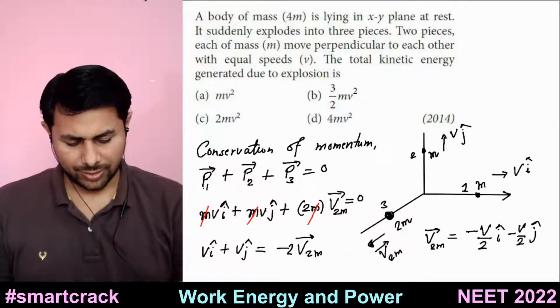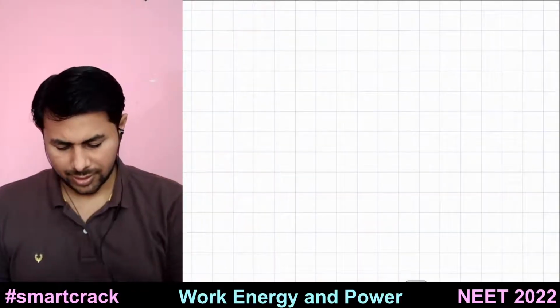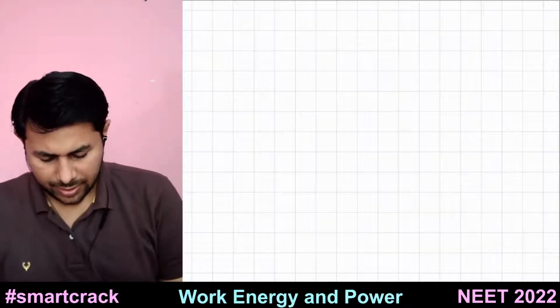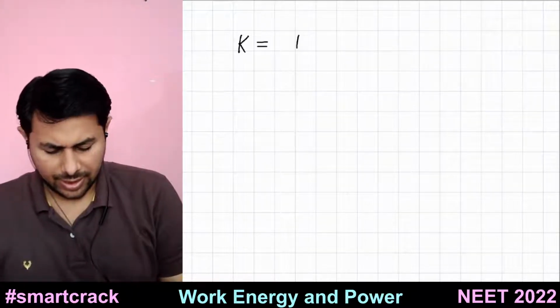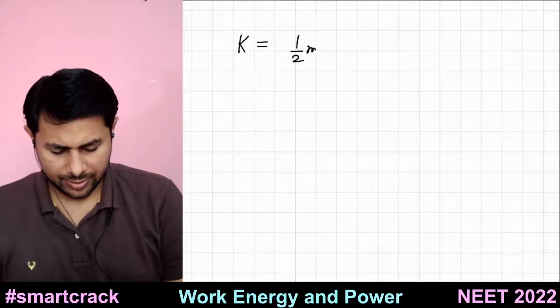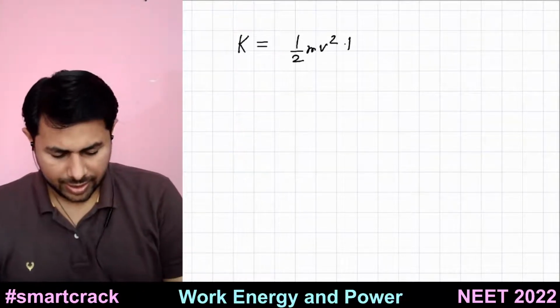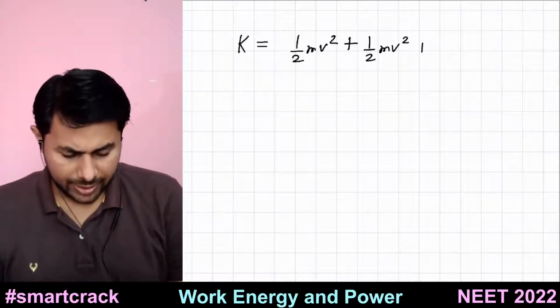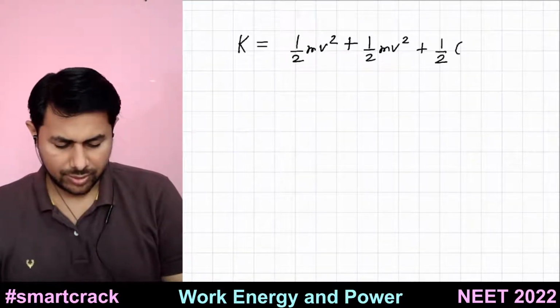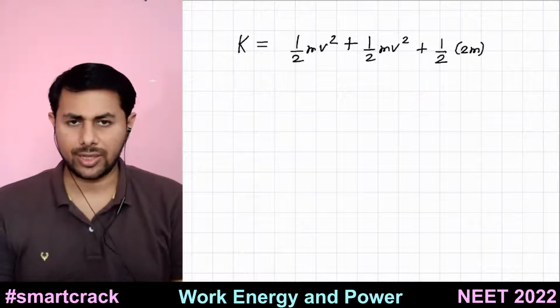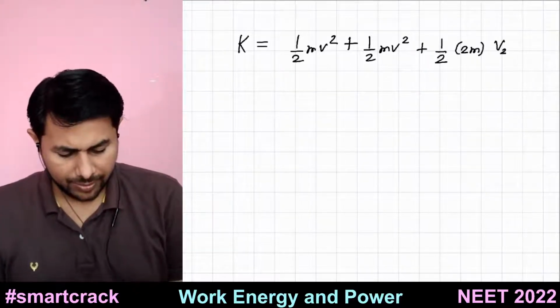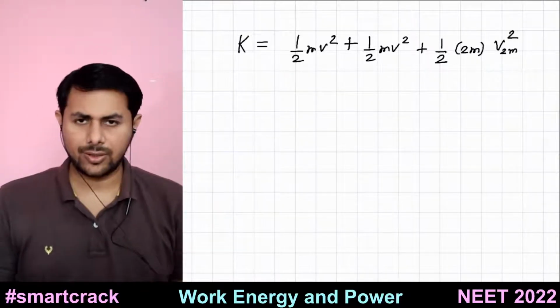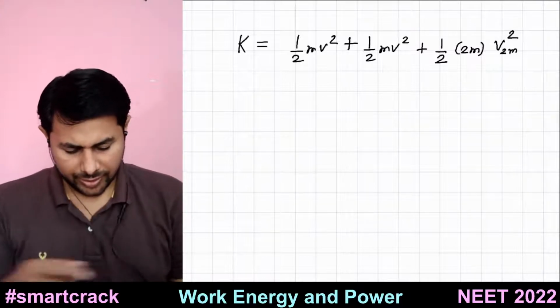So what is the total kinetic energy? It is half of m into v square for the first body plus half of m into v square for the second body plus half of, now the third mass is 2m, it's not m, into v2m square. But what is v2m?